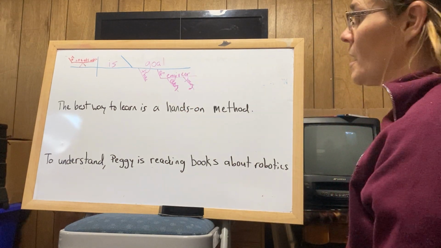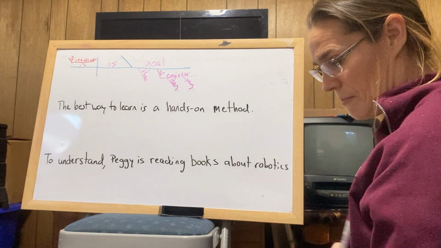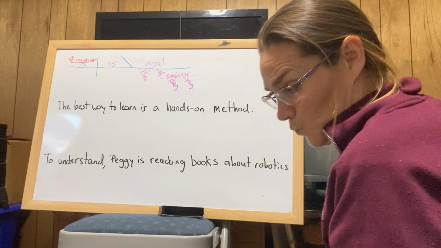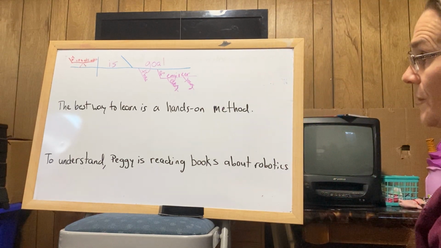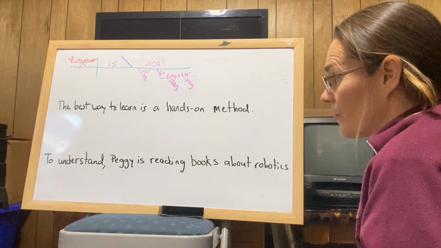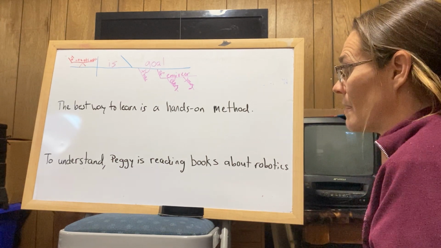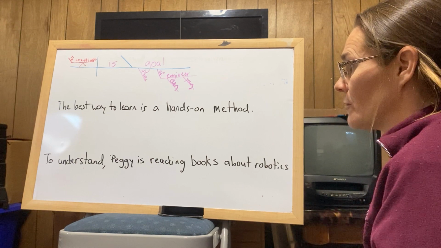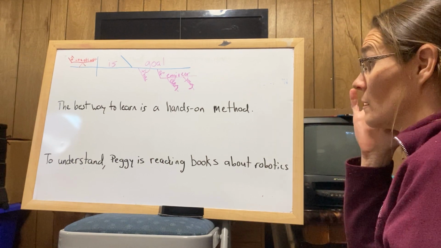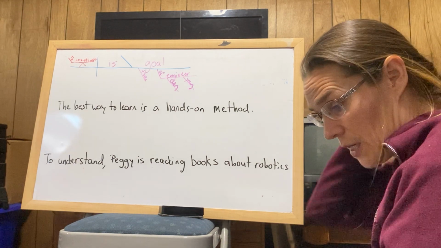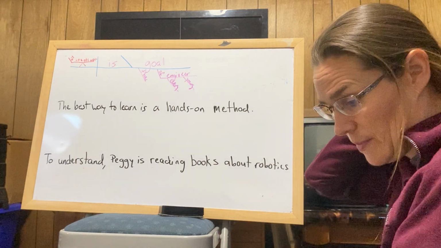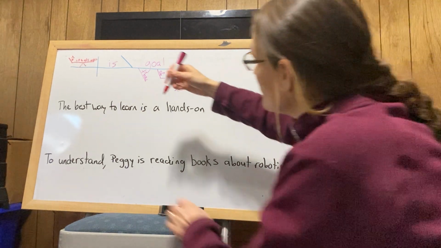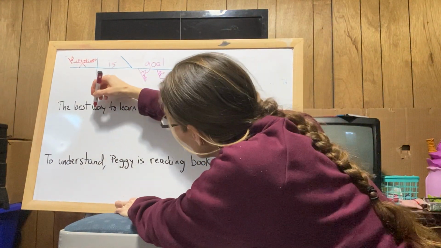All right, moving on. The best way to learn is a hands-on method. Are there any prepositional phrases? No, there is not. Are there any adverbial phrases? Hands-on, oh yeah, it has a hyphen. So I do not see any adverbial clauses either, no clauses. So moving on. This sentence is about what? Way. Way is our subject.